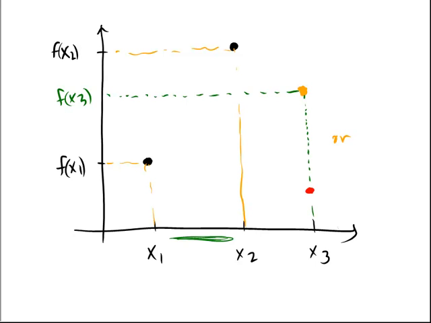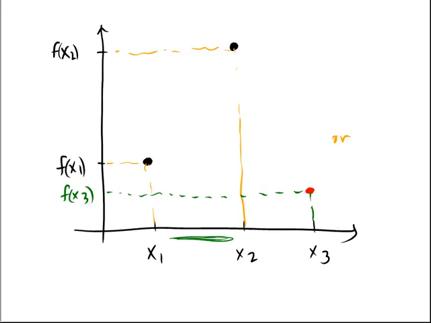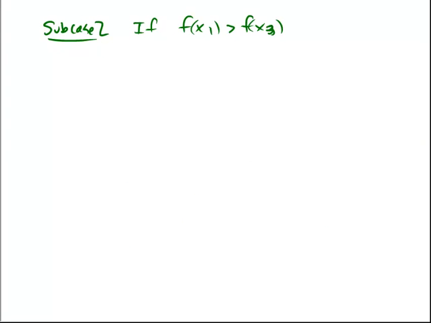No longer do we have f of x3 here. We now have f of x3 way down here. If that is the case, if f of x1 is bigger than f of x3, then f of x3 was at the low end, so it's lower than f of x1, which was lower than f of x2.